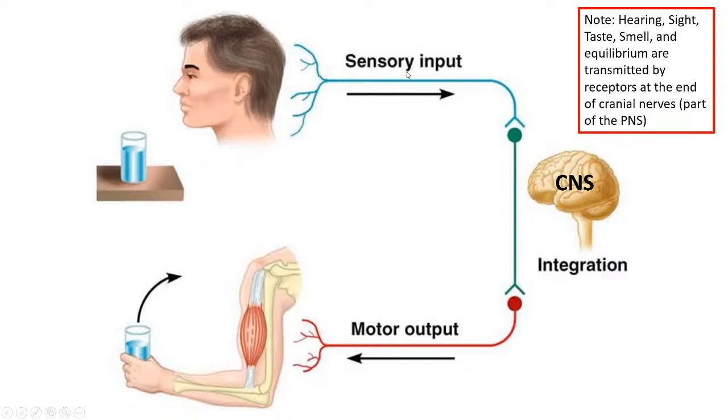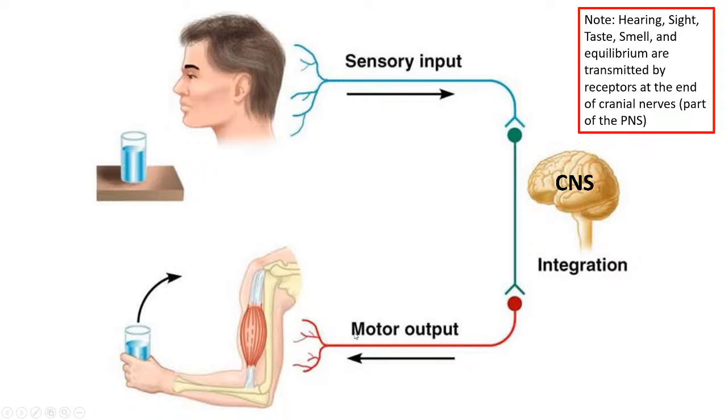That sight is carried over cranial nerves, the optic nerve, back to the brain, okay, where the information is integrated. Integration is where we take all of the sensory input, compare it to past experiences, and decide what response, if any, is necessary. If a response is necessary, then you will see motor output here.